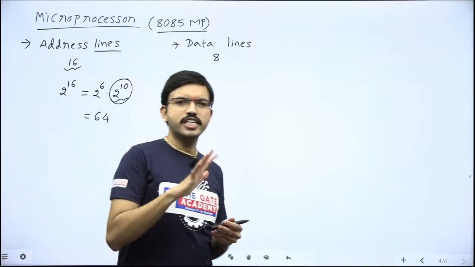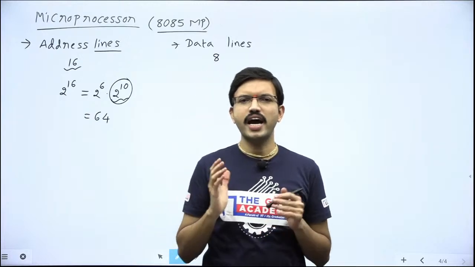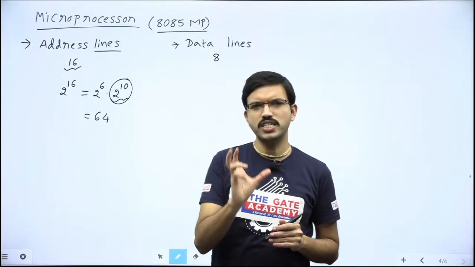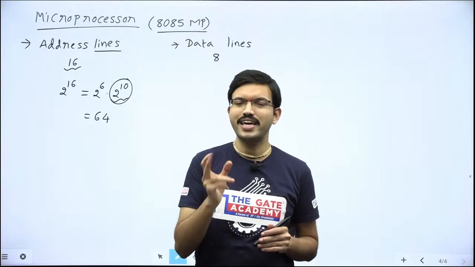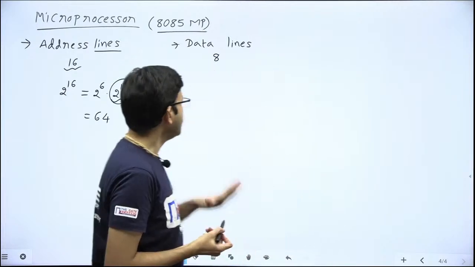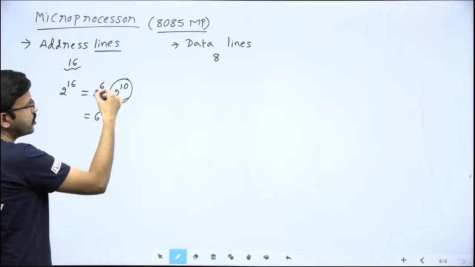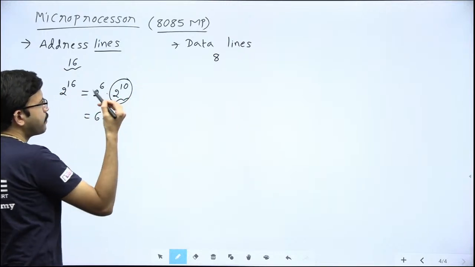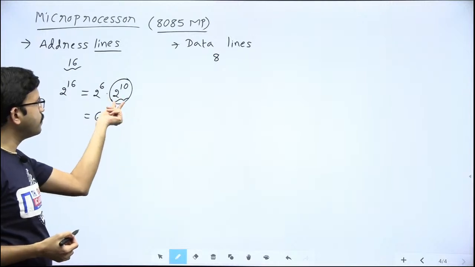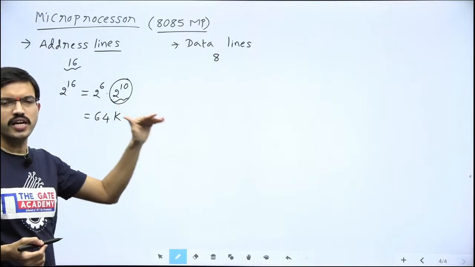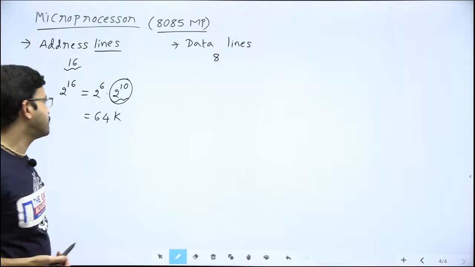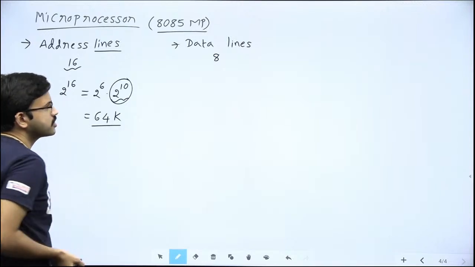In our day to day life, whenever we have 1000 grams, we represent it with the letter K. Similarly, in microprocessors, whenever you get 2 power 10, we represent it as capital K. The actual number 2 power 10 is 1024, which is almost closer to 1000. So we represent it as 64K.